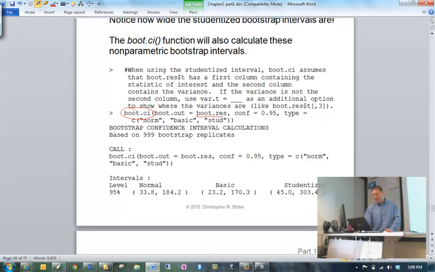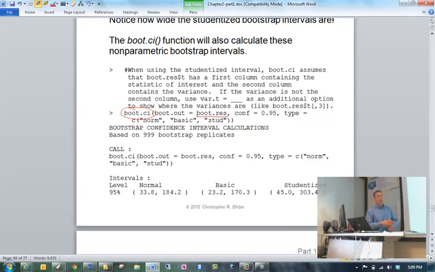For the first argument, boot.out is equal to boot.res, confidence level 95%, type equal, put in the intervals that you want: basic, stud there is studentized, and then there's another kind of interval that we'll look at really shortly called normal. You'll see what it is later. And here are the intervals.